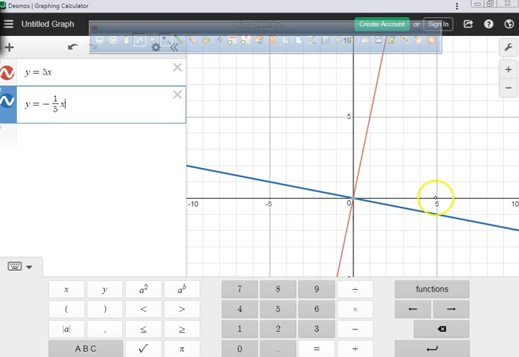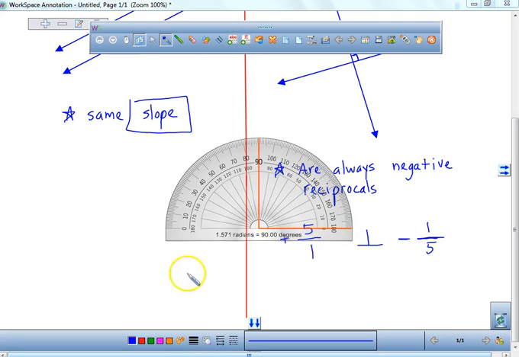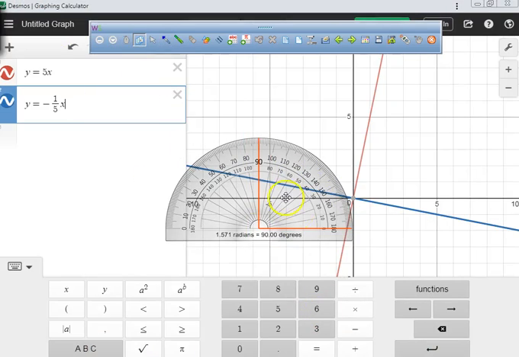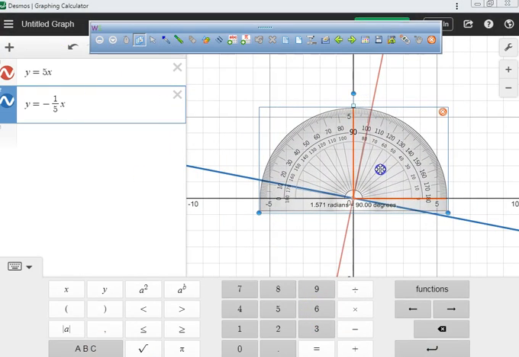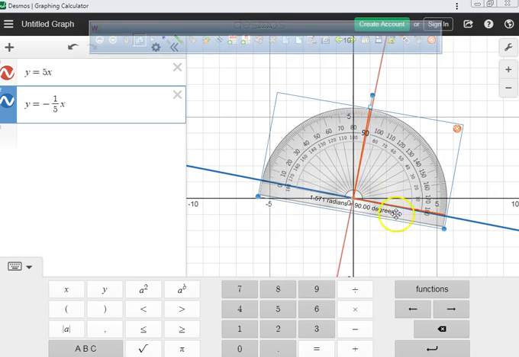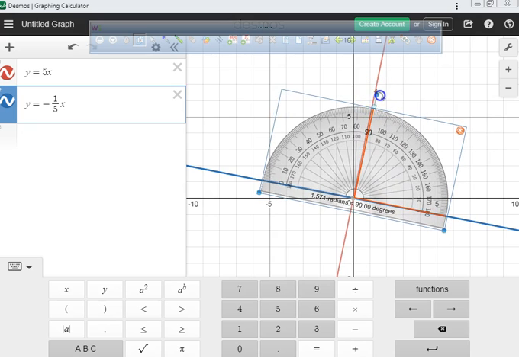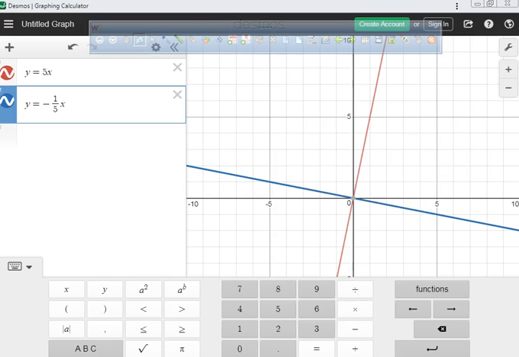Does everybody see how those two intersect with each other? Can you guys visualize that right angle? If I rotate it a little bit, you can see that that does form a 90-degree angle right in there. Okay. All right.